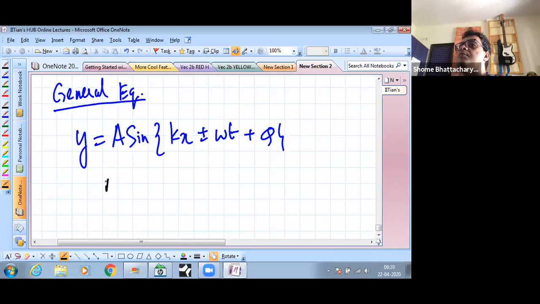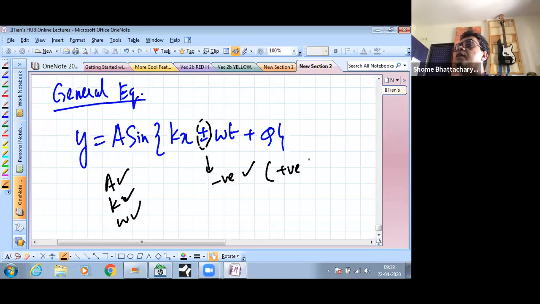We've got the value of amplitude, we've got the value of k, we've got the value of omega, and we also know that this sign here should be negative, because it is traveling along the positive x-axis. The wave is propagating along the positive x-axis. So the sign here should be negative. Okay. So now the only thing remaining is the phase constant.